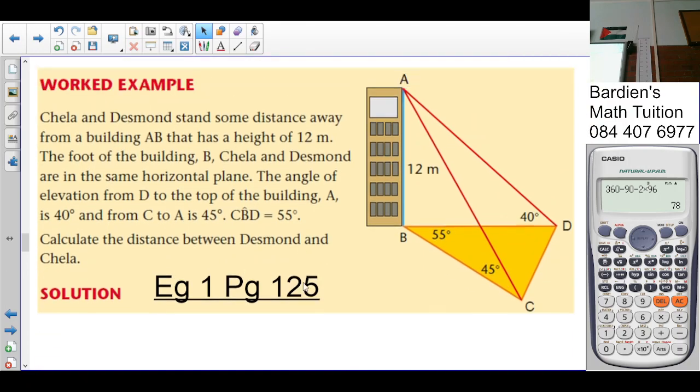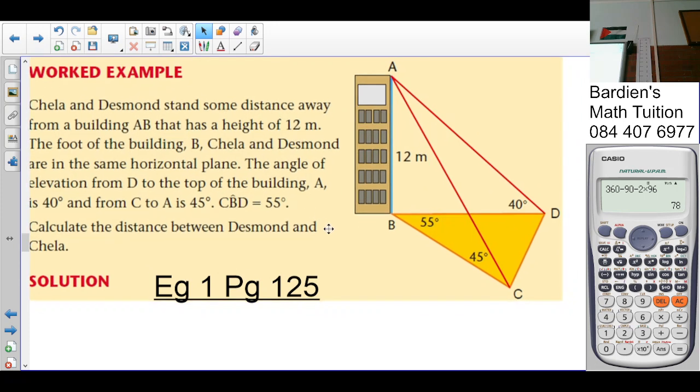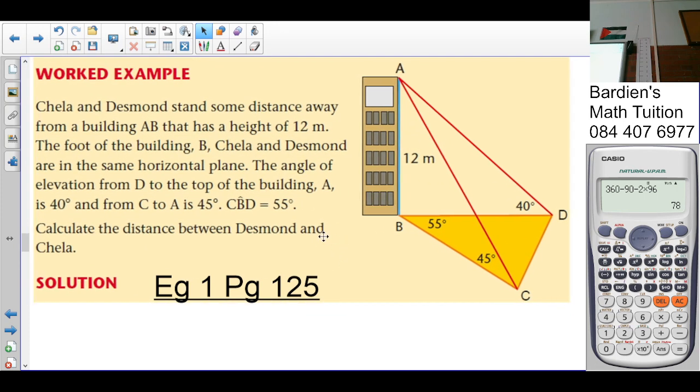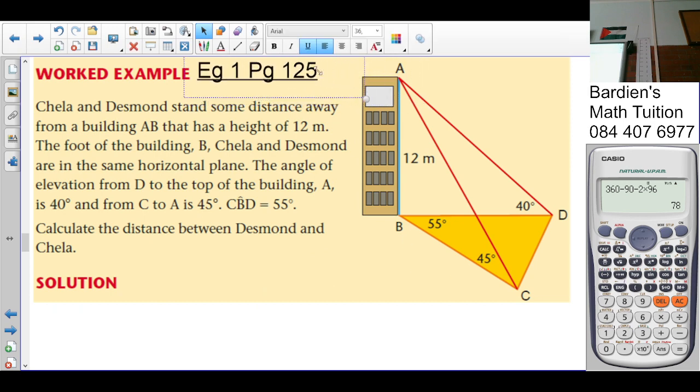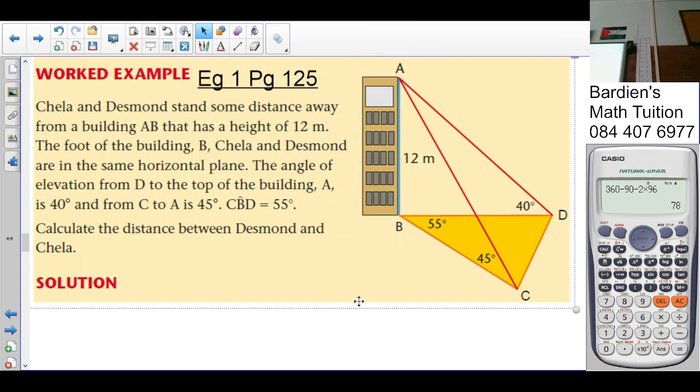Now we're looking at example 1 on page 125. We are told that Sheila and Desmond stand some distance away from building AB.